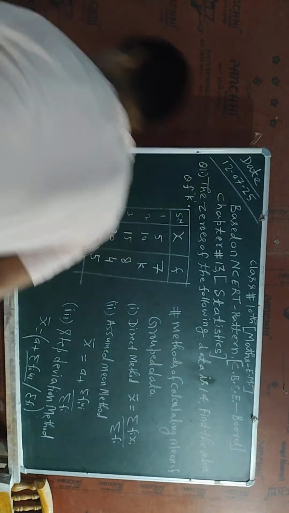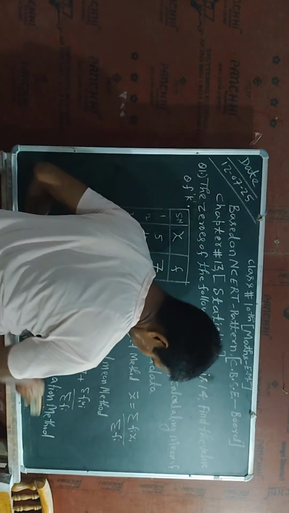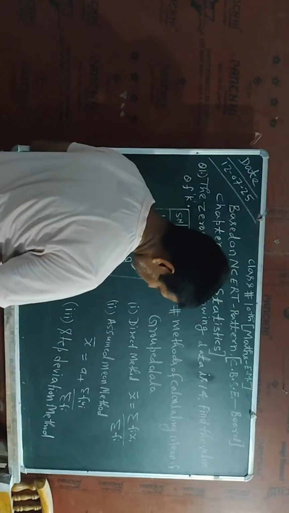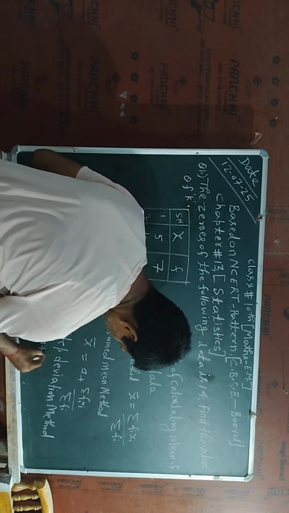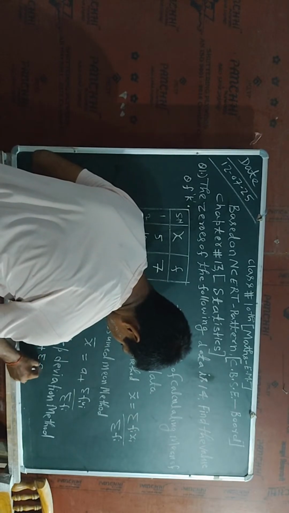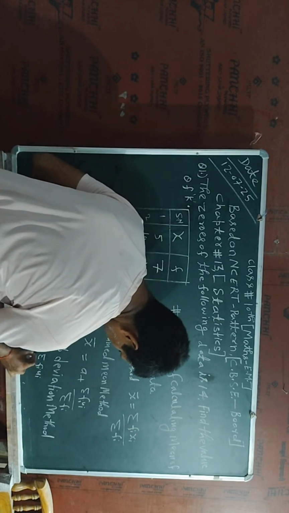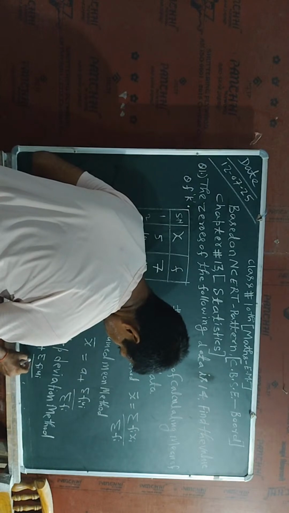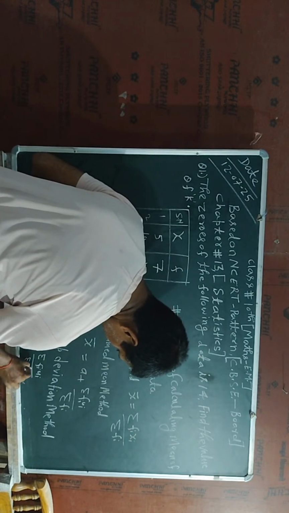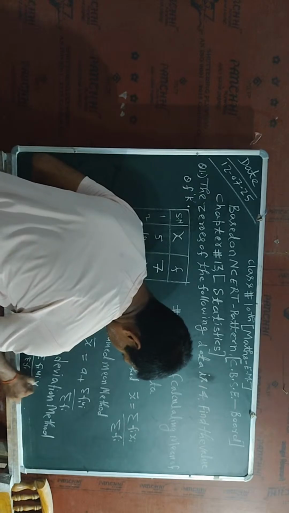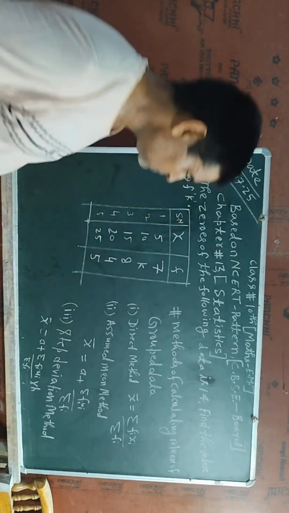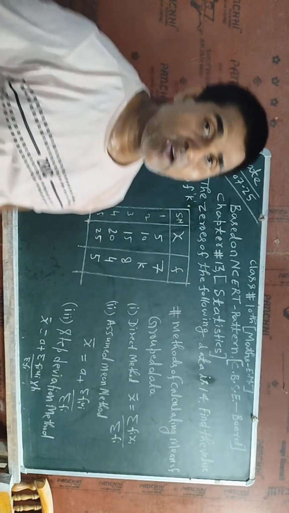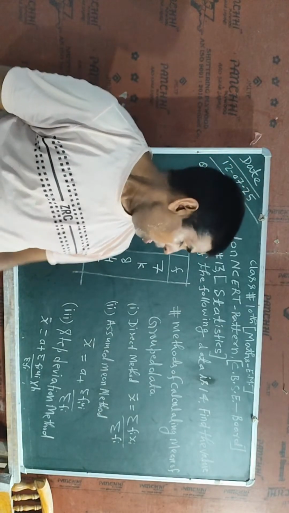That term I will write here. So x bar is equal to a plus sigma fi ui divided by sigma fi into h. So this is the step deviation method for calculating the mean value of the group data.